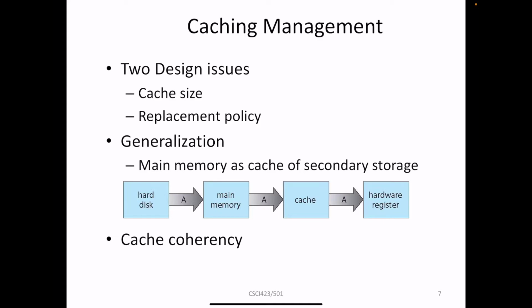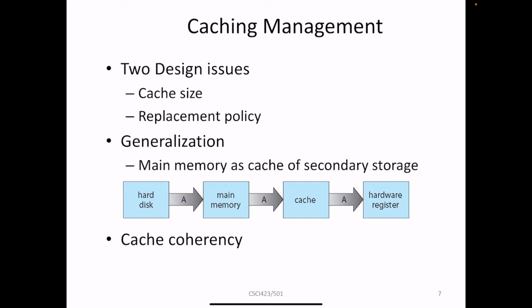The cache mechanism can be generalized to many places. To the main memory, the register can be considered as a cache. But to the hard disk, the main memory can be considered as a cache. Another very important issue to be considered is the cache coherency problem, which usually happens in a multi-processor system.